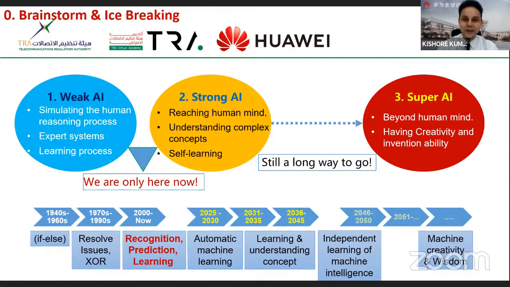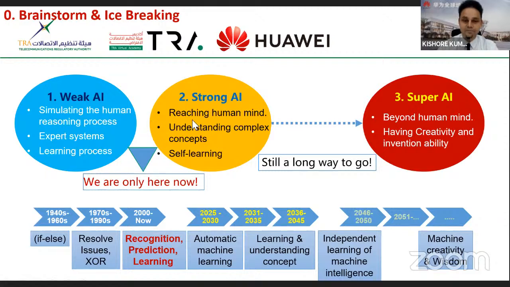For now, let's take it for granted that today's era of AI is mostly learning oriented, learning based. And if you move forward to the next era of AI development, which we call strong AI, what are the capabilities that we expect to have in this era?